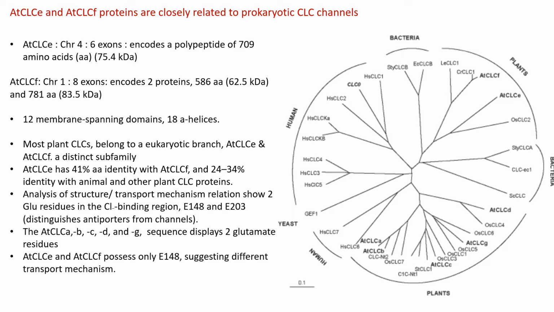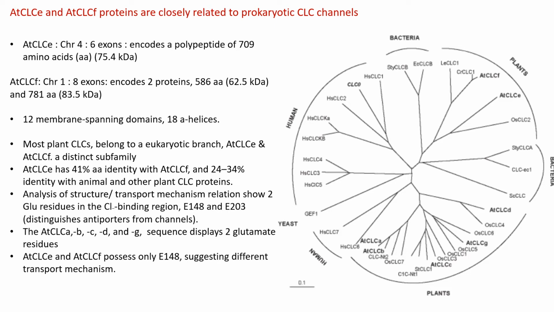If we analyze the protein sequences among the 7 classes of ATCLC, from A to G, we observe that most of them have two glutamate residues, E148 and E203. The E203 actually distinguishes whether the proteins are only channels or antiporters.